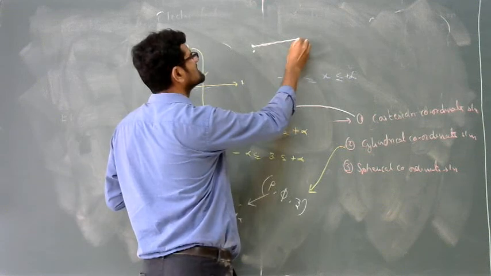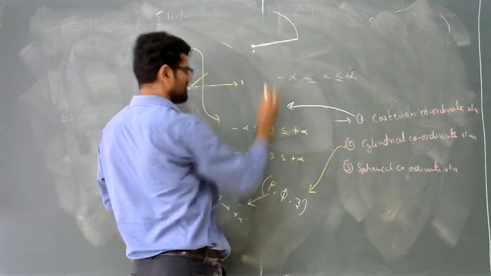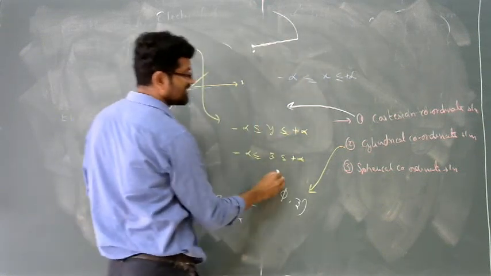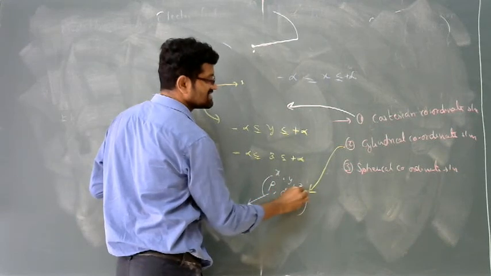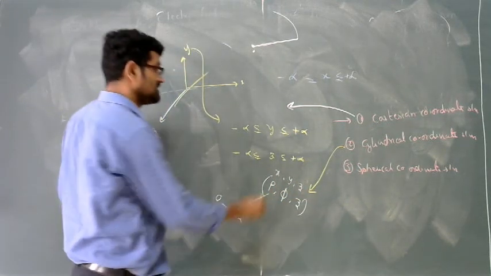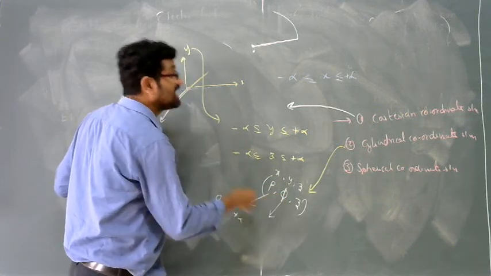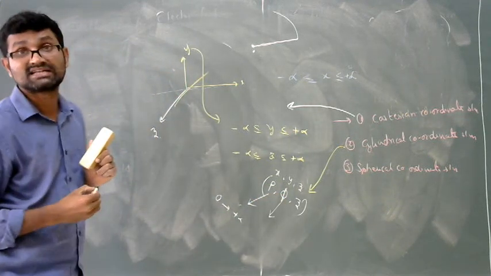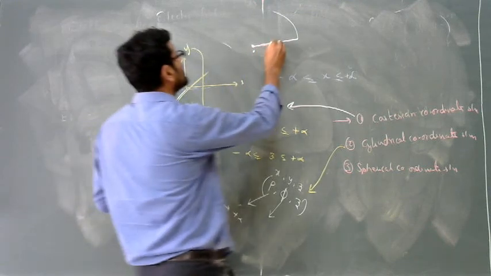These axes are similar to the x, y, z axes of the Cartesian coordinate system. Phi is the angle made from the positive x-axis.